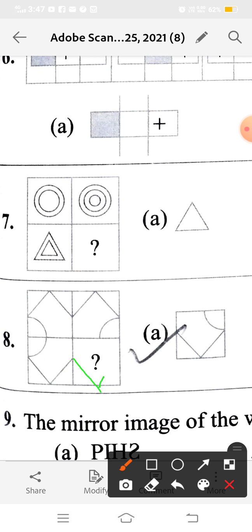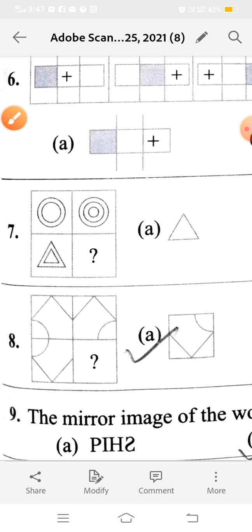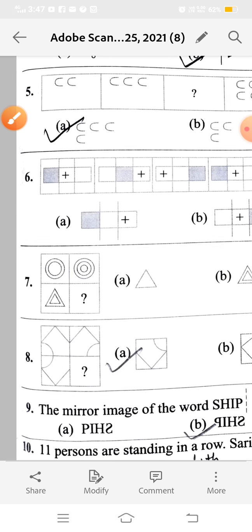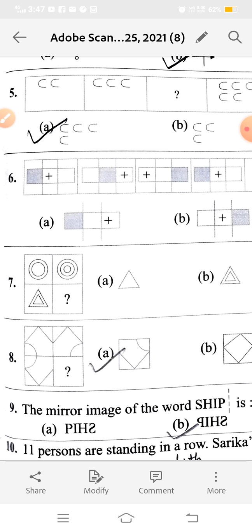We will draw it. Okay, so where is this type of figure? We have it in option number A here. So option number A is our correct answer. The pattern given in option A will be exactly embedded in figure number 8.